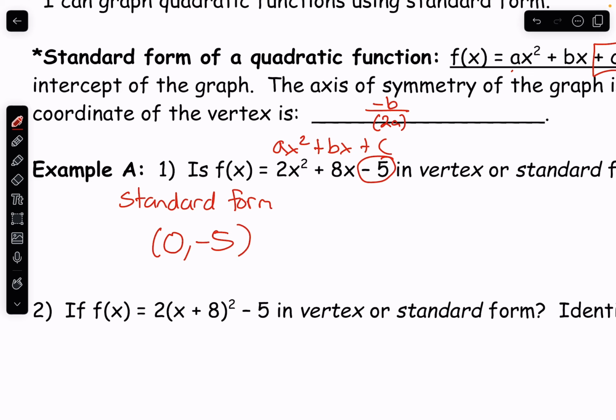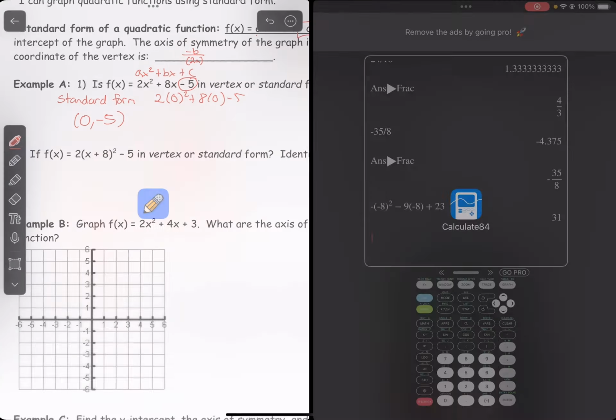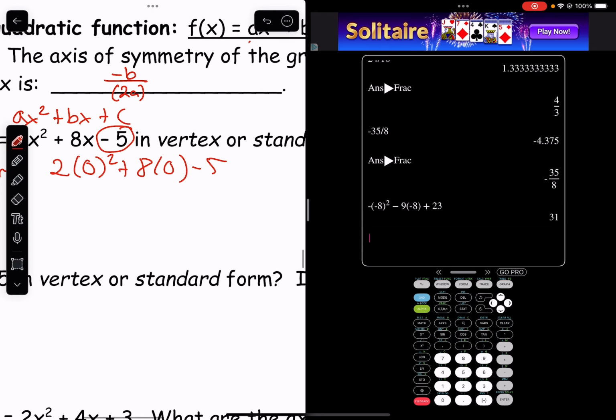You could, of course, always check, like literally any function you have ever. If you plug in a 0, you're going to get your y-intercept out. So if I do that, you'll see that I'll get a negative 5 out. I can go to my calculator and type this in. You get 2 times 0 squared.